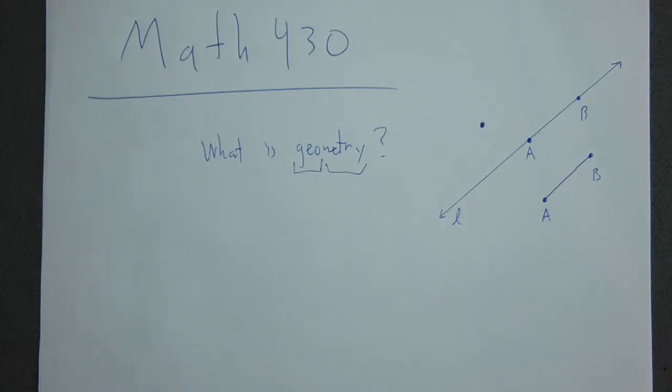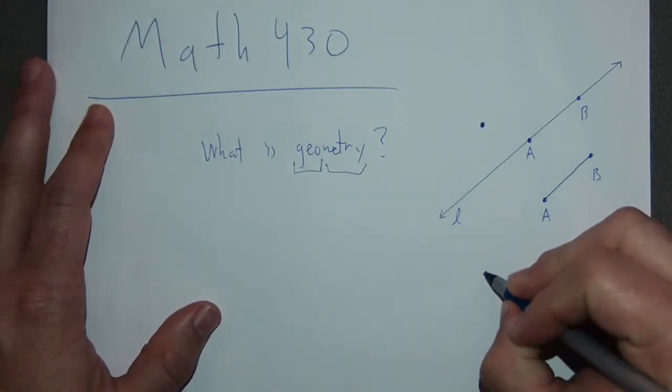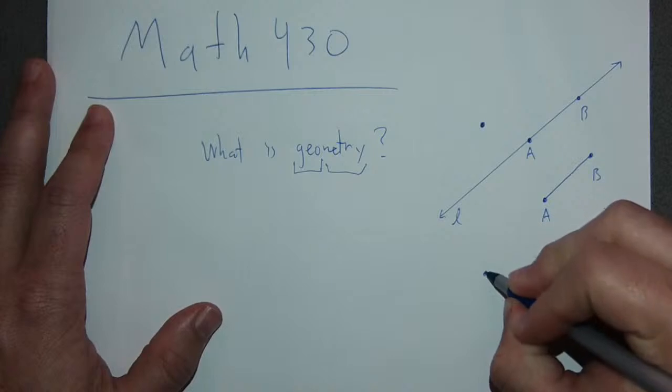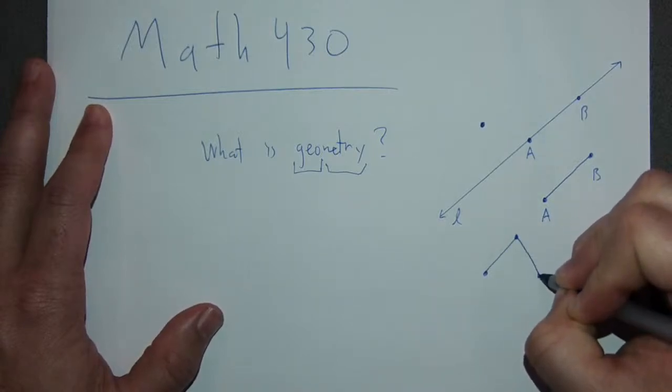Now that I have a piece of a line, I can think of various shapes made up of these line segments. So, all of the polygons. The simplest type of polygon would be just a triangle. Oh, that looks pretty bad.